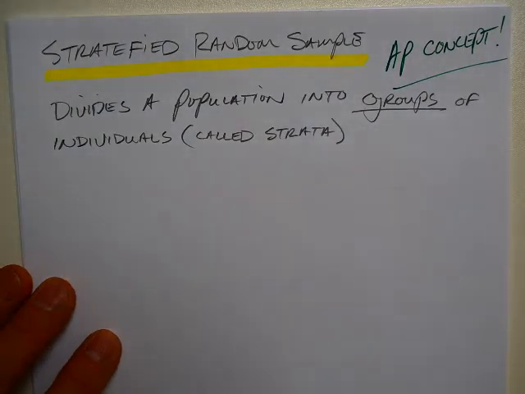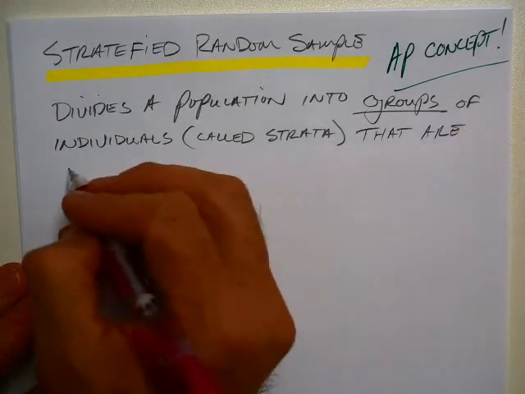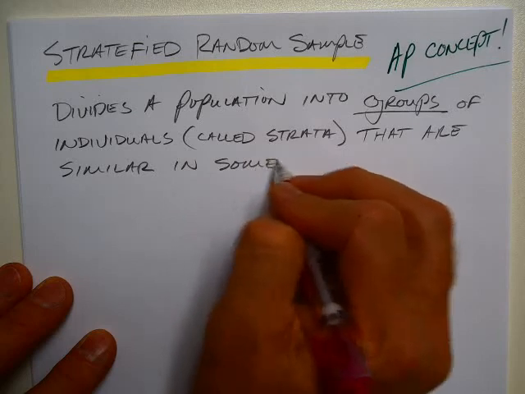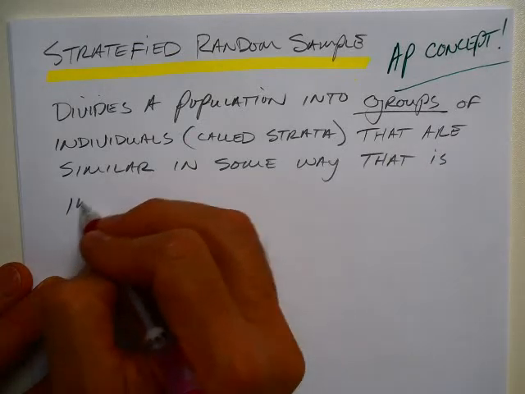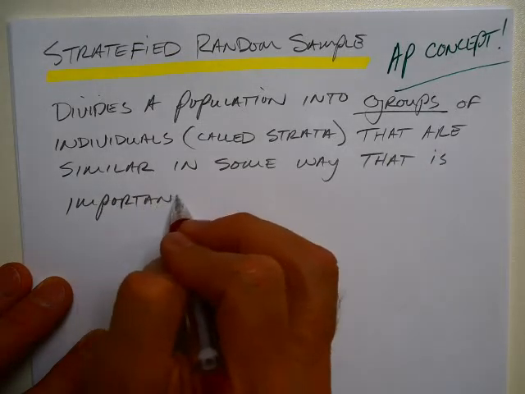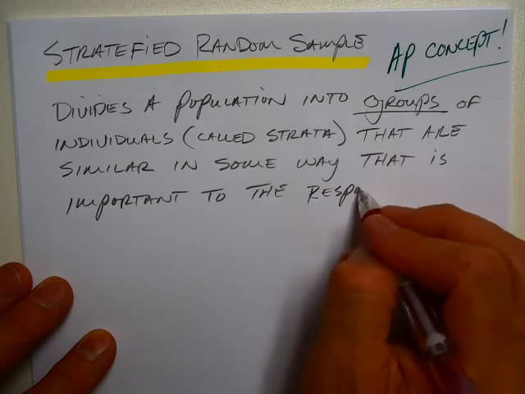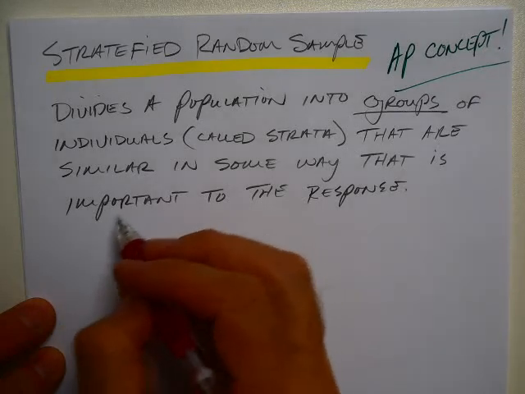That are similar in some way that is important to the response. Once they're separated into the groups, an SRS is chosen from each strata to form the full sample.